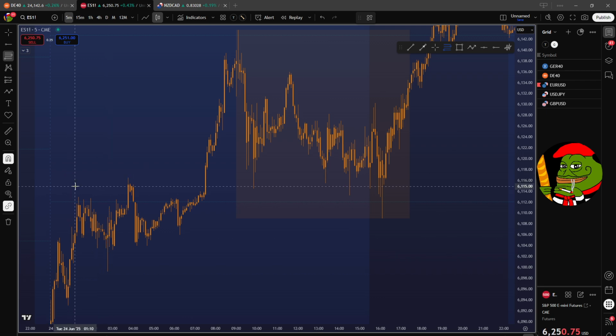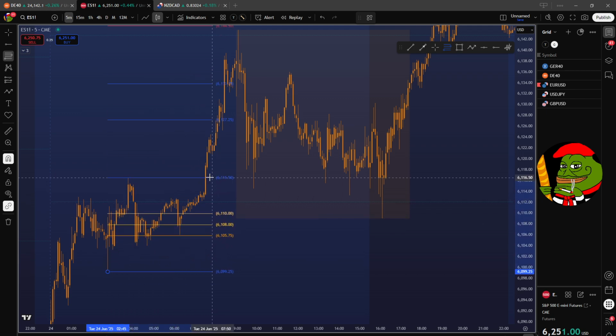You want to always look for a low being broken and a high being broken in the same swing for you to trace a Fibonacci. So for example, here we had lows get broken, and then we broke highs. That's where you want to trace your Fibonacci retracement.